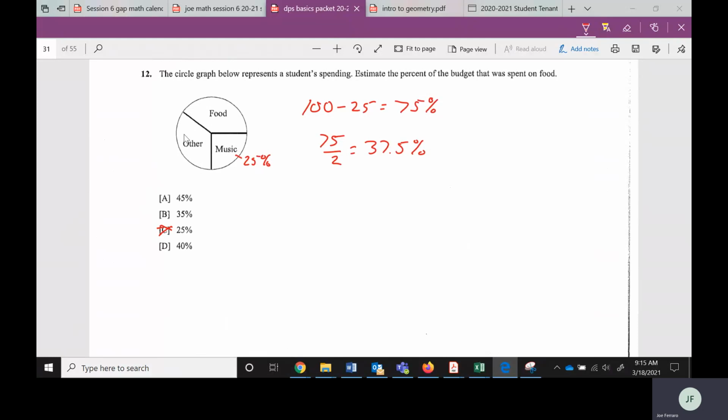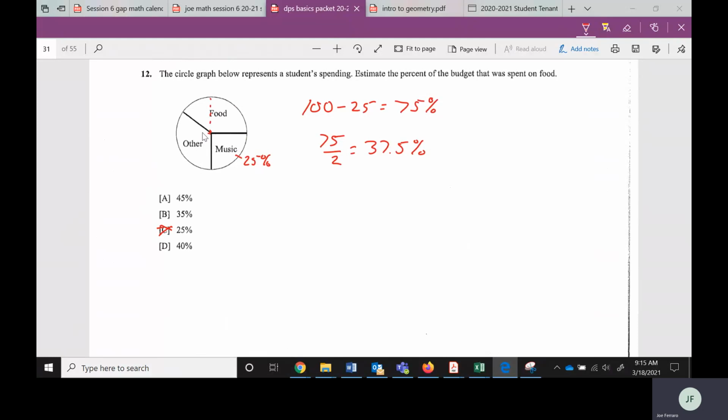So let's look a little bit closer at these and see if we can figure out. It's kind of hard just looking at this to see which one you might think is bigger than the other one. So what I'm going to do is draw in a little imaginary line straight up here. Okay, this would be 25%.